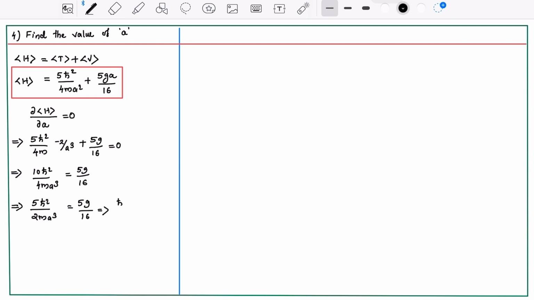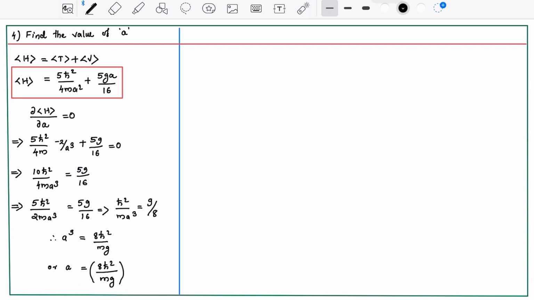That gives ħ²/mA³ equal to g/8. Hence, A³ equal to 8ħ²/mg. Therefore, A is equal to (8ħ²/mg) all raised to 1/3.